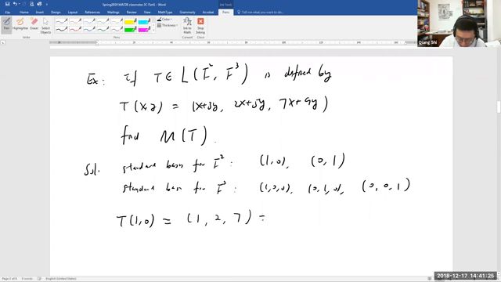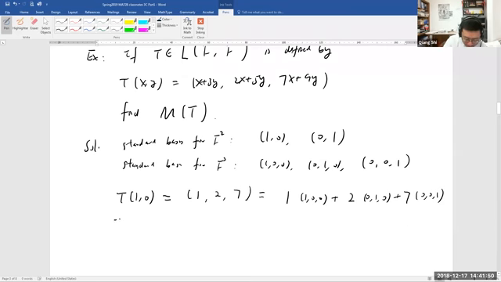What we need is to write this resulting vector as a linear combination of the basis vectors in F3. And it's pretty clear the first weight needs to be 1, the second component needs to be 2, and the third weight needs to be 7. All right, so that is 1, 2, 7.